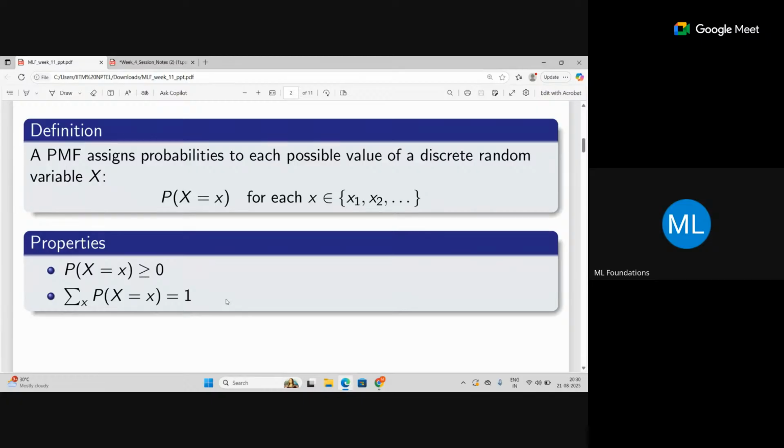Whenever you write in the exam, even if you're not confident about your answer, you should keep in mind the range of probability. What is the value a probability can take? 0 to 1. So the probability value should be between 0 and 1. It cannot be less than 0, that means it cannot be negative, and it cannot be more than 1.